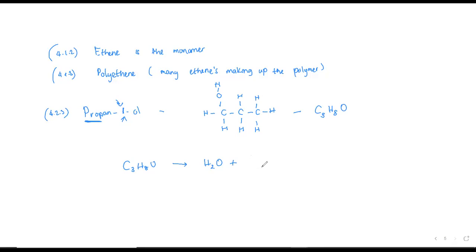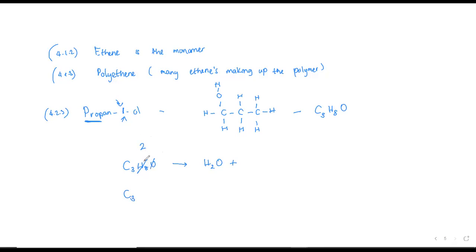So if we eliminate water from here, which is taking H2O, we remove the H2O, that's removing 2 hydrogen atoms and removing the oxygen. We are left with C3 because we didn't do anything with the carbon.